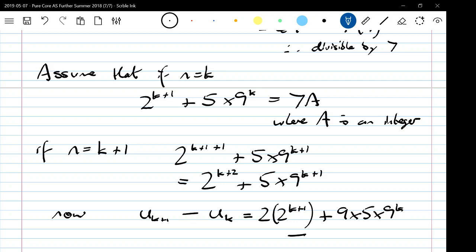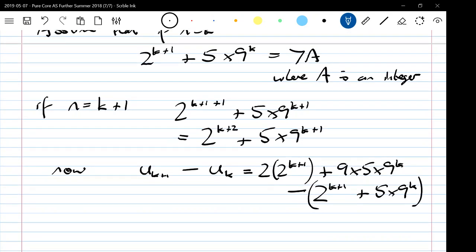Take away u_k, and what's u_k? 2^(k+1) plus 5 times 9^k. I'll put that in brackets as we start to consider what's going on with that. Right, we've got some common factors here, haven't we?